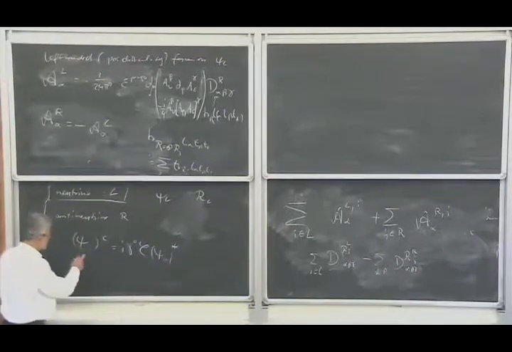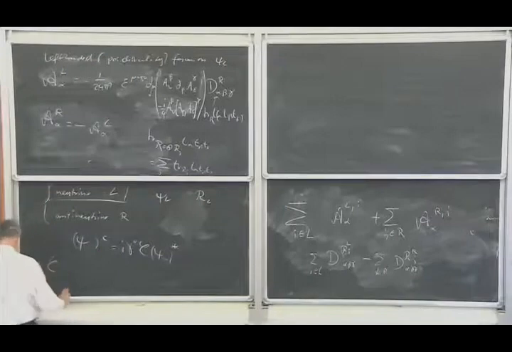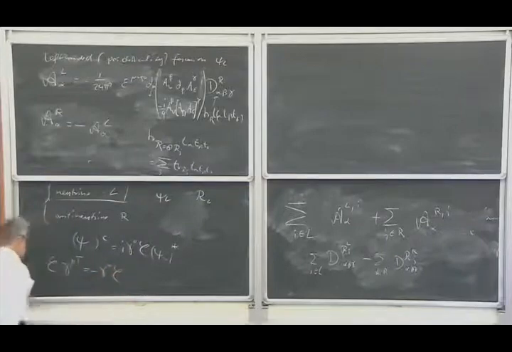Let's just check that this thing has opposite chirality from this one. Now my charge conjugation matrix satisfies C gamma mu transposed equals minus gamma mu C. That's how I define my charge conjugation matrix, that it relates gamma mu and the transpose with a minus sign.